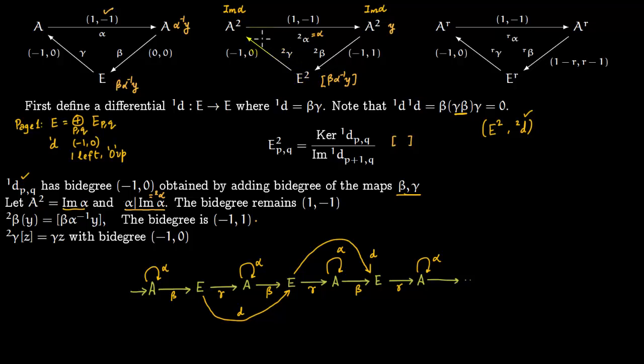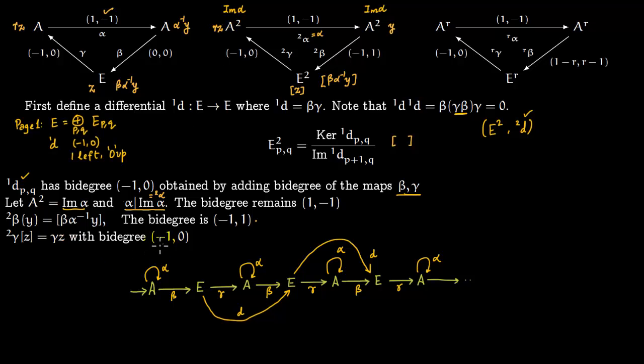Now we have to define this map gamma. This map gamma obviously acts on a class, because elements of E2 are classes. As you can see, you mod out by the image. So this class comes from some element z here. This element z gets mapped to this class. Apply gamma to it, it gets to gamma z here, and this is the same gamma z we use here.